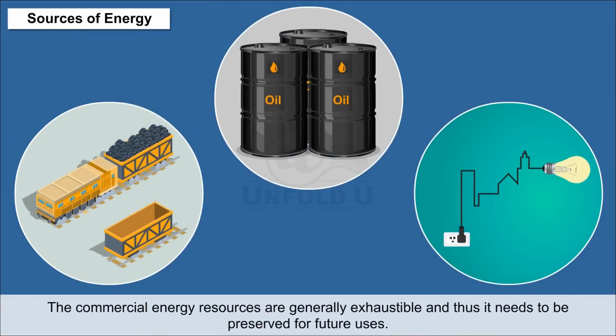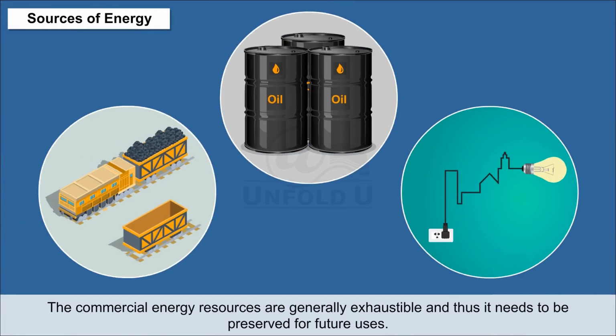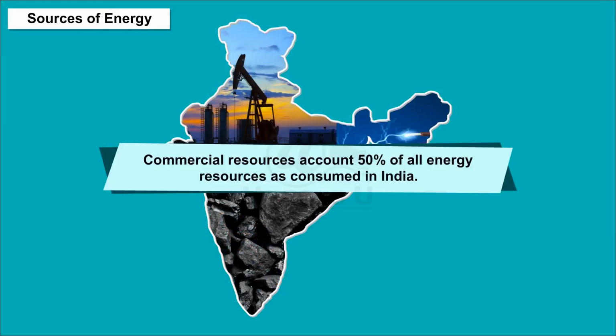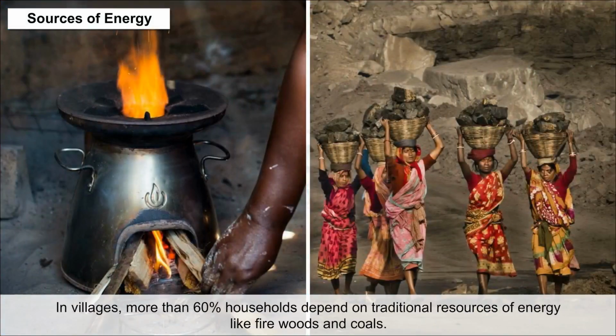The commercial energy resources are generally exhaustible and thus need to be preserved for future uses. Commercial resources account for 50% of all energy resources consumed in India. In villages, more than 60% of households depend on traditional resources of energy like firewood and coal.